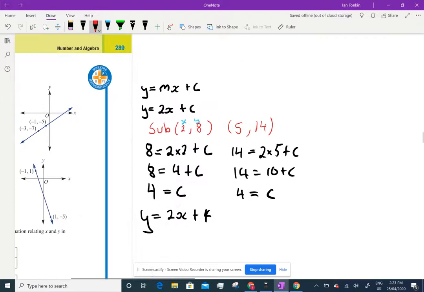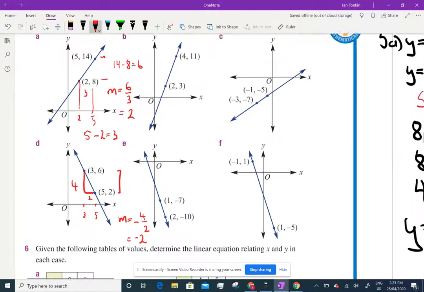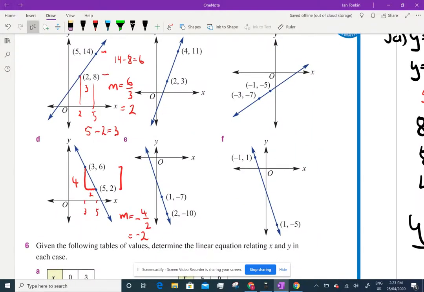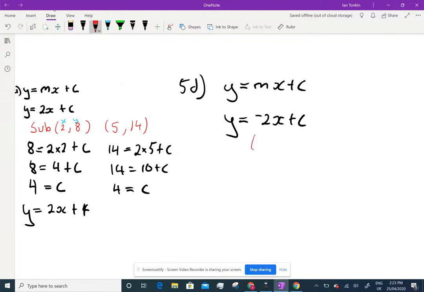So if I come back here, and that was 5a, and this is 5d, y equals mx plus c. We worked out the gradient was negative 2x plus c. Now I just have to sub in one of the points. Well, which point will I sub in? Always choose the easiest one. I'm going to go 3 and 6. So I'm going to sub in 3 and 6.